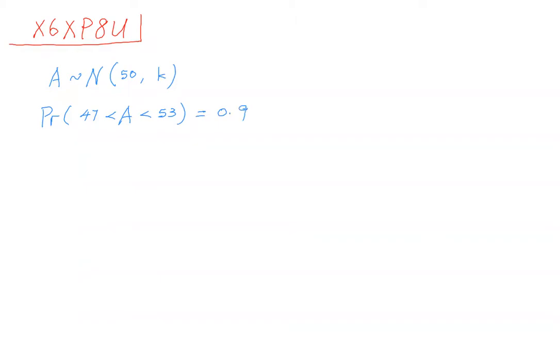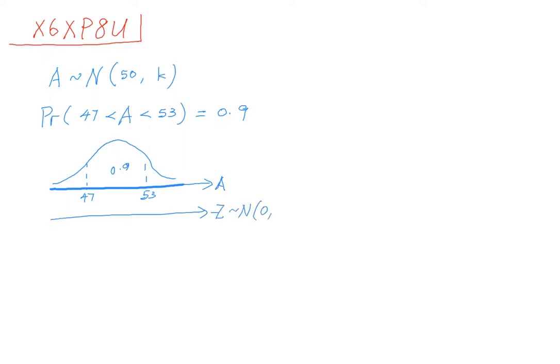Okay, so now they want you to find the value of K. So what I do is, here is 47, here is 53, here is 0.9. This is your value for the length of the shoelace, and this is the z-score. And this is 50 and K. So you have two values, your Z1 and your Z2.